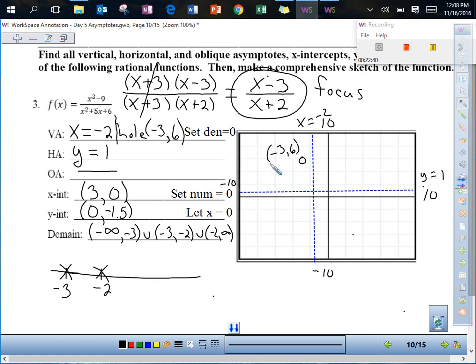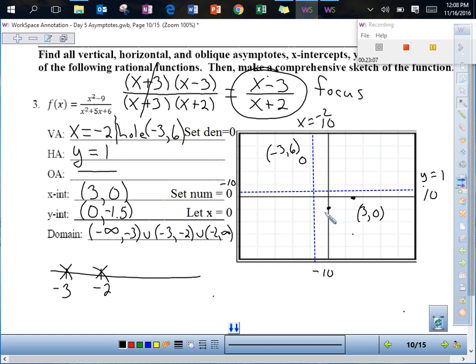So that's how you represent the hole, an open dot. I also have an x-intercept at 3, 2, 3. So I've got an x-intercept right there. Now, believe it or not, that is enough to graph this whole thing. Oh, and I also had a y-intercept at negative 1.5. So about right there.